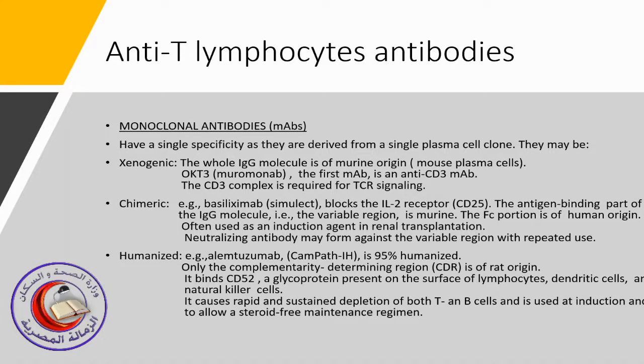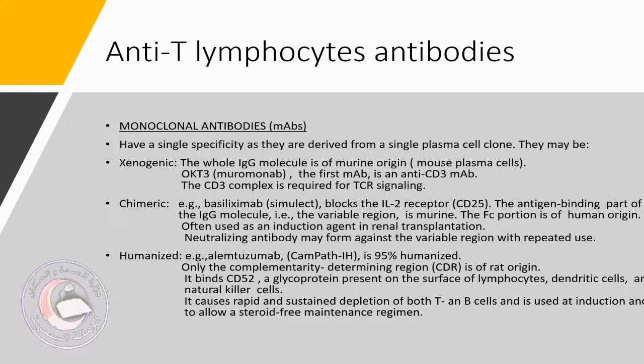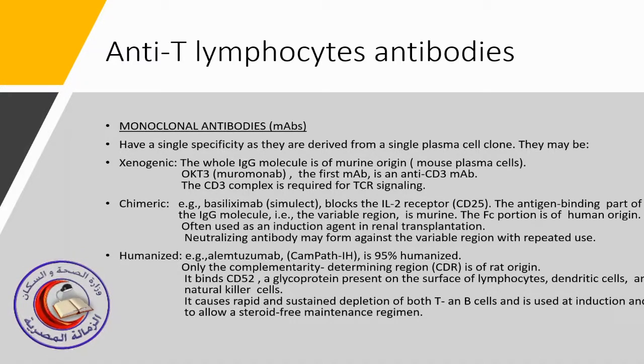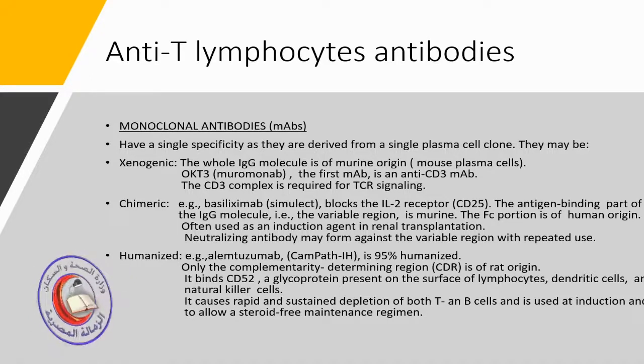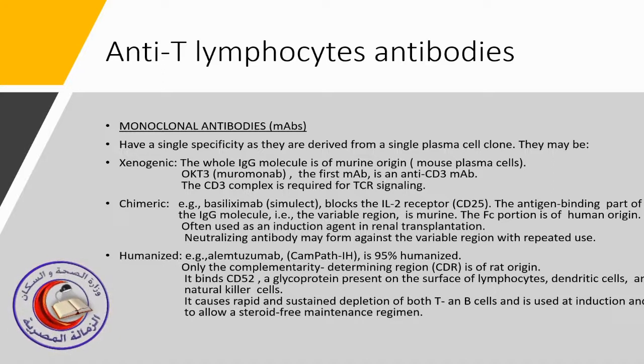It blocks the interleukin 2 receptor, CD25. The antigen binding part of the IgG molecule, that is the variable region, is murine in origin. The Fc portion, that is the stem, is of human origin. It is often used as an induction agent in renal transplantation. Neutralizing antibody may form against a variable region with repeated use.